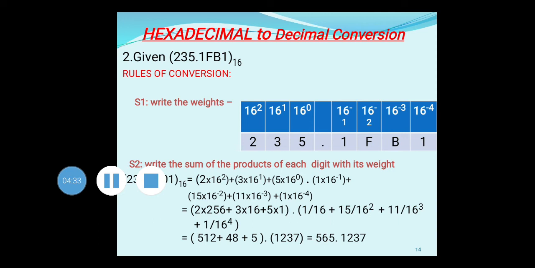The next step is to multiply each digit with its corresponding weight. The integer part we calculate in one go and the fractional part in the next.